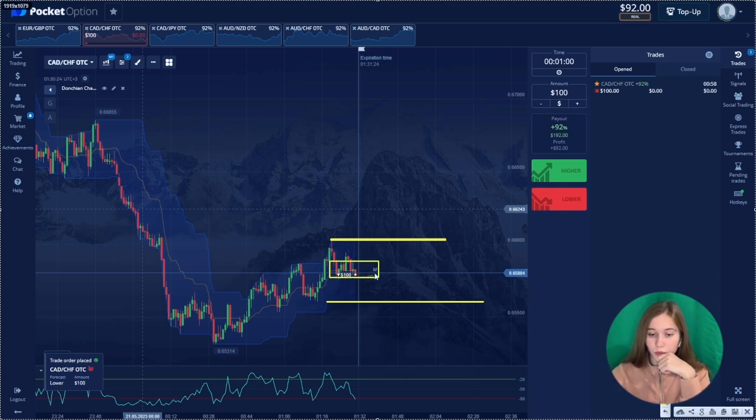By the down channel, we are relatively in the middle position, but still slightly at the upper limits of this indicator. We move on to the support area. And by the second indicator, we are also in the lower position.